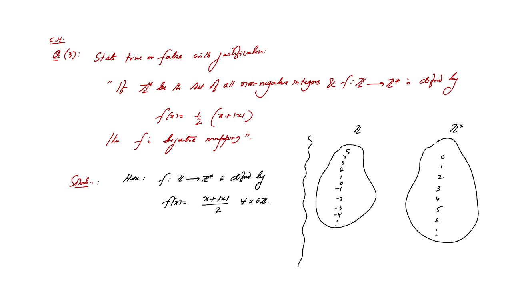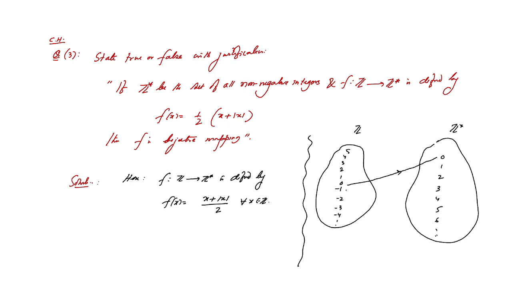When we come to the first, we will take, say, minus 4, and 0. What is the image of 0? The image of 0 is 0 plus 0 by 2, which is 0. What is the image of minus 1?